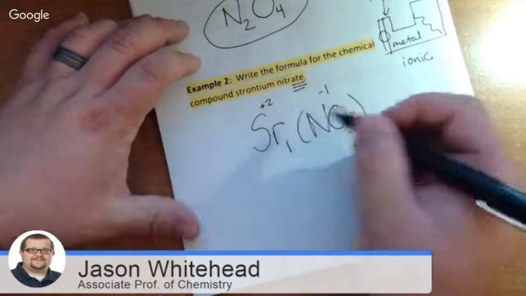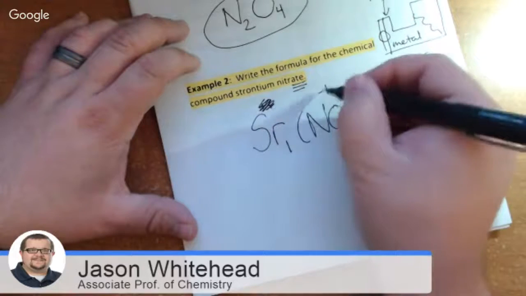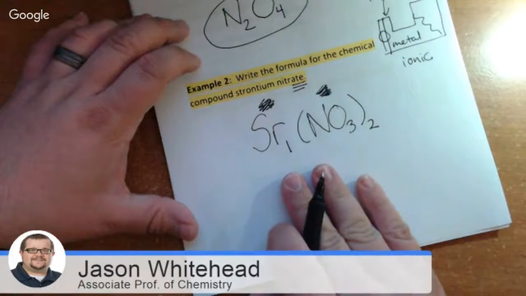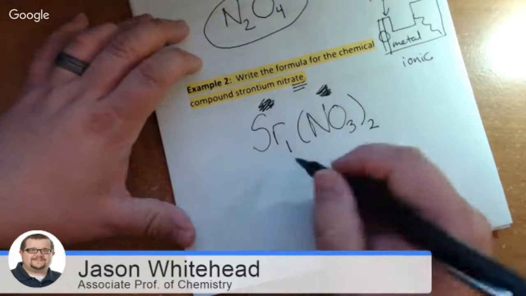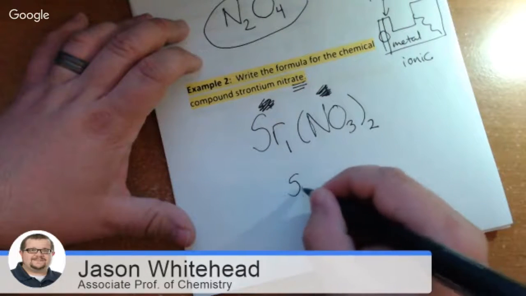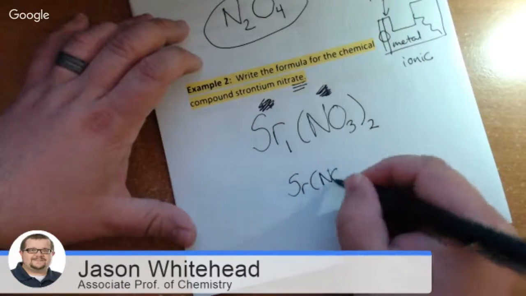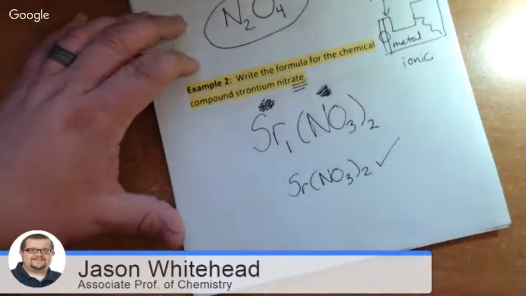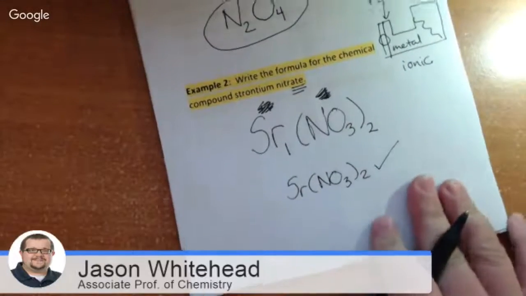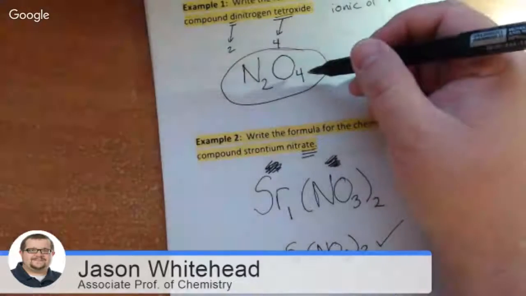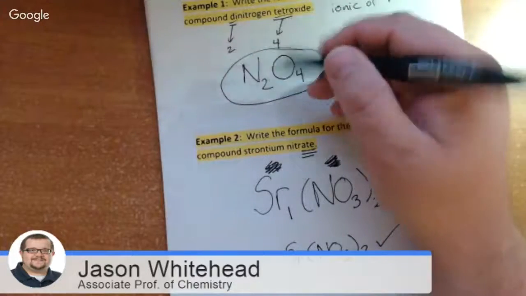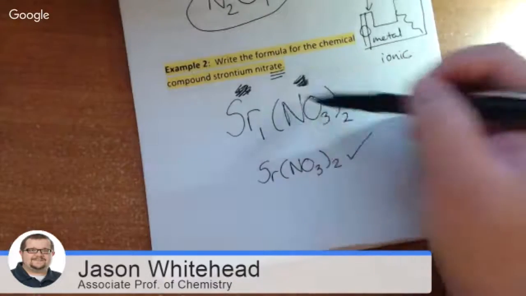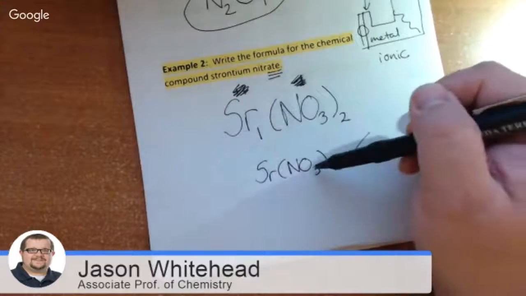The charges just helped us figure out how many of each. So now we're done. The formula for strontium nitrate, we don't have to show the 1, that's just assumed, is Sr(NO3)2. So recapping, molecular compounds, prefixes told us how many of each. For ionic compounds, you've got to know the charges, cross them and bring them down, and you get your overall formula.